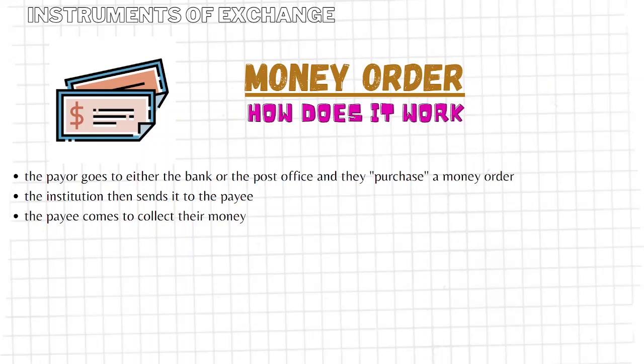Then the institution will send this money to the post office or Western Union or whichever one, to the payee. And then the payee comes to collect their money. Obviously, they will have to sign, etc., but they come and they collect their money.